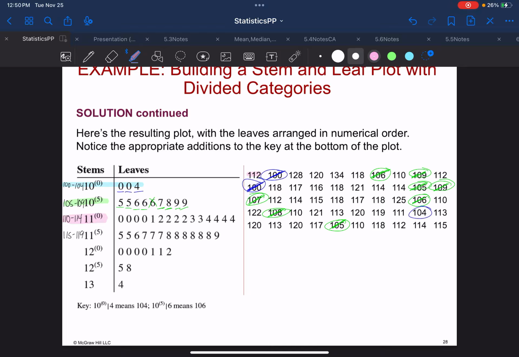So that'd be 112, 110, 112, 114, 110, 113, 114, 112, 111, 113, 110, 114, 112, 114, 113, and so forth. And you can compare.